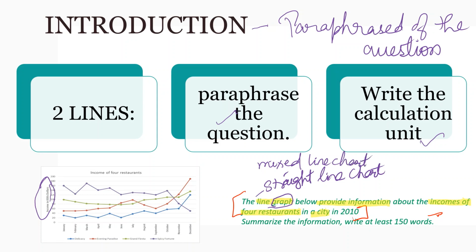So you can write some of these synonyms. Try to give a slight variation. Because we don't have an exact synonym for line graph, we are using some different words to name the same thing. Because we have a number of lines here, that is why we are writing mixed line chart, or straight line chart, or fluctuating line chart, something like that.